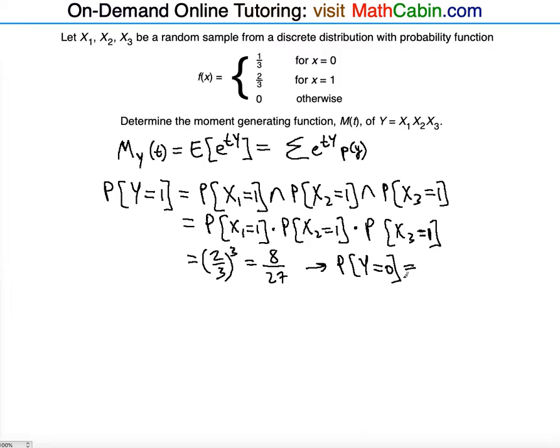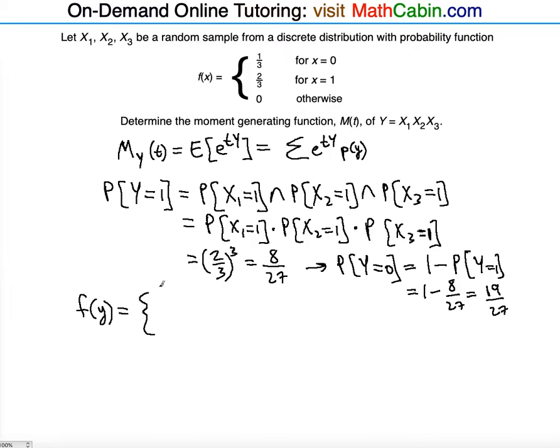So y equal to 0 can be found by subtracting the probability of y being equal to 1 from 1. That's 1 minus 8/27, which is 27 minus 8, so 19/27.